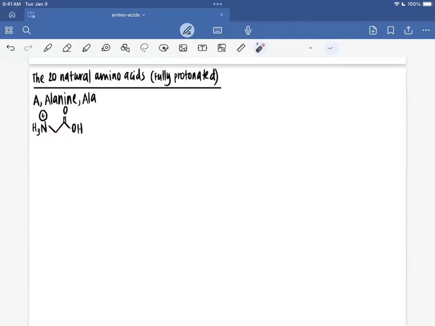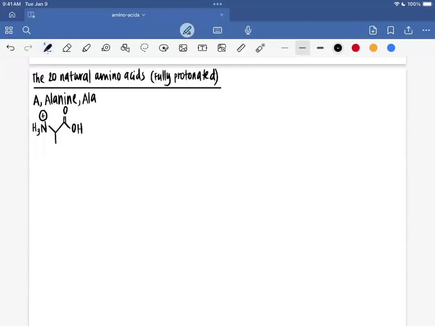And what we'll see is that for each structure, the key difference is going to be the substituent attached to the alpha carbon. So we can call those R groups or side chains, and I'll use both of those terms throughout this video. In the case of alanine, the R group is a methyl group.